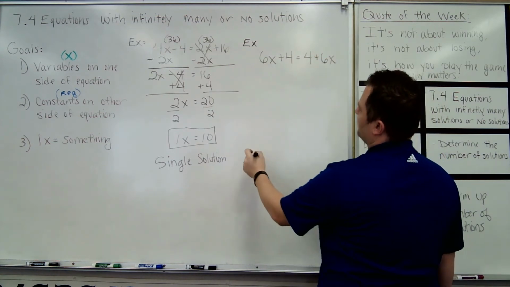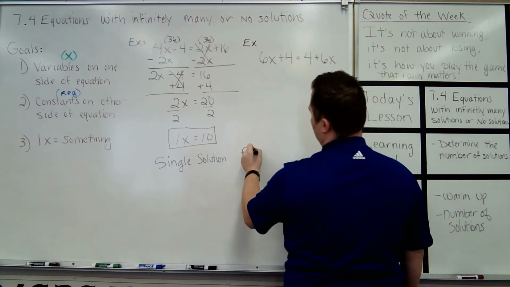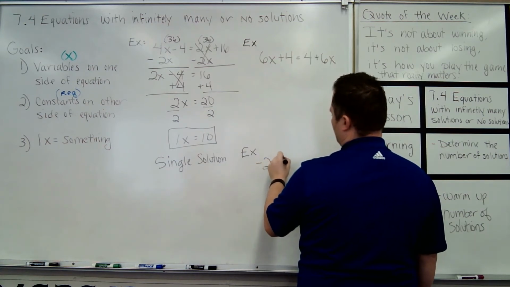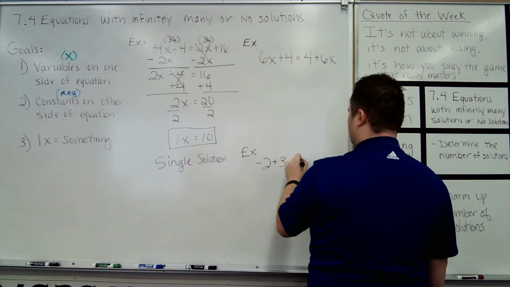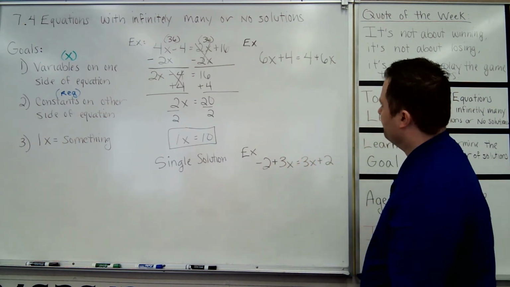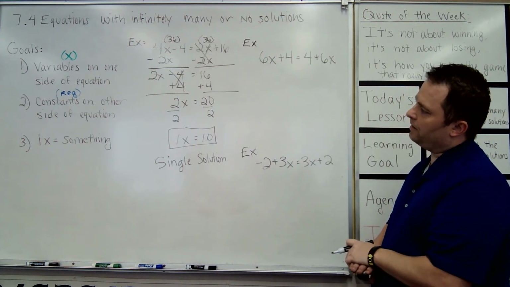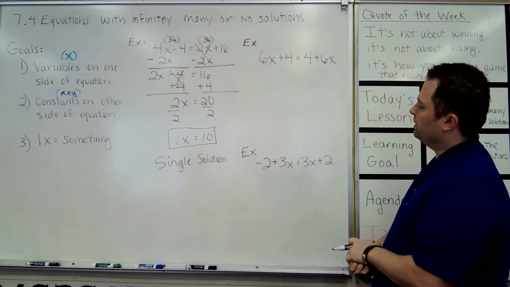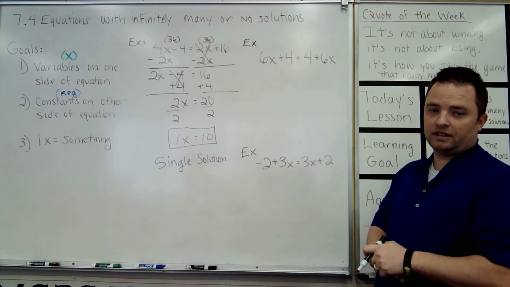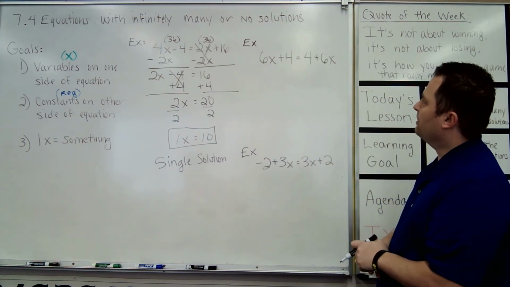And I'll put another example down here. Negative 2 plus 3x equals 3x plus 2. Okay, what would happen in these two examples? Would it be the same as the single solution? Obviously not. I chose these for a reason. But let's see what happens.